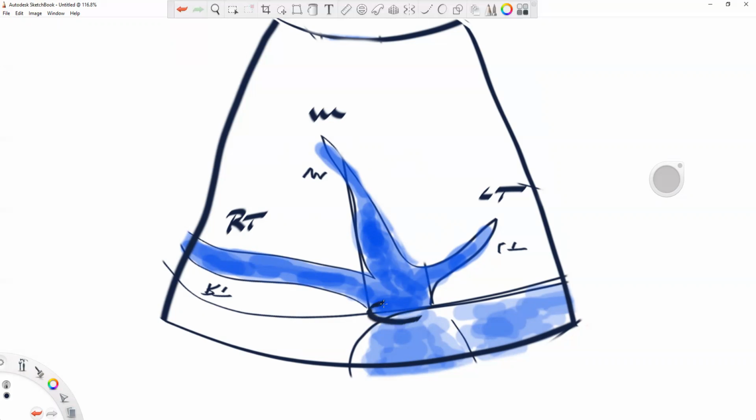We see the IVC, a little more circular relief right here, and that's how we see the hepatics, and that's why the hepatics are upside down on our screen, but not turned this way. That's important to note. So when you turn it from bottom up, it might be upside down, but the left stays left, the mid stays middle, and the right stays right.